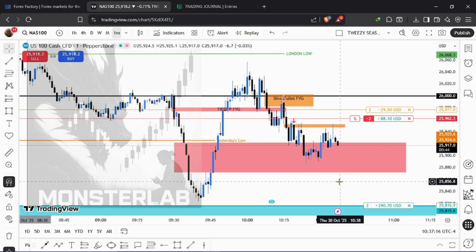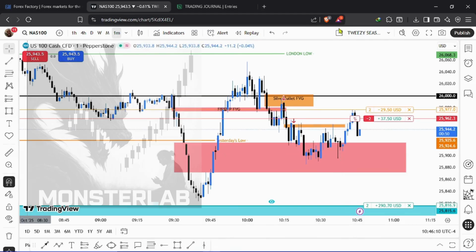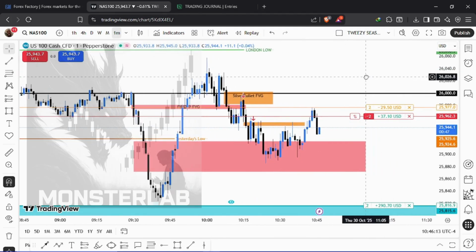Price might get into the second fair value gap for the second time and then react down aggressively. I'm open to that, considering I haven't shifted my stop loss to below my entry yet.